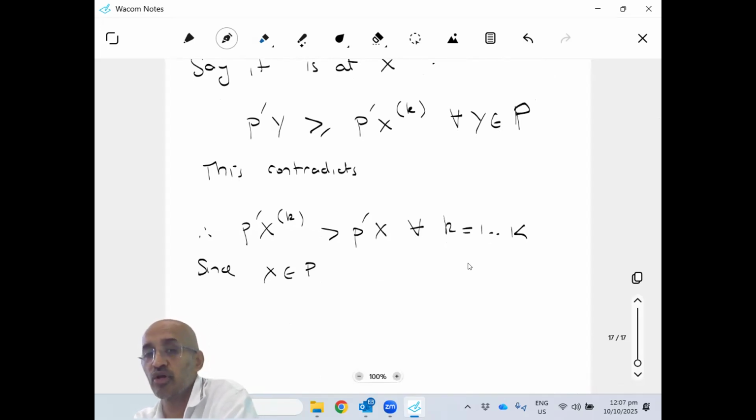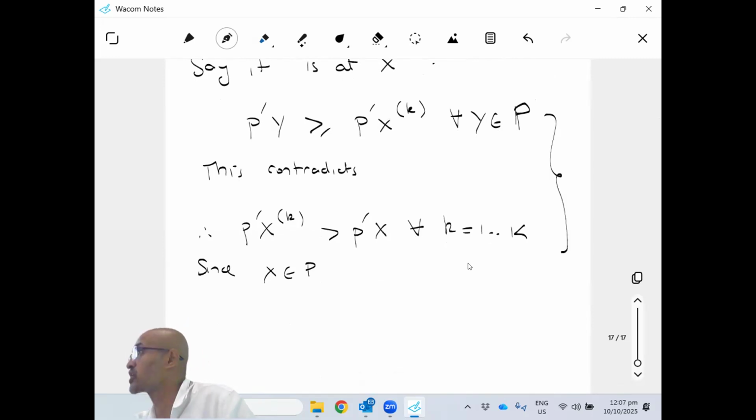This says p transpose x is greater than or equal to p transpose some xk, but this says all p transpose xk has to be greater than p transpose x. So together, this gives a contradiction.